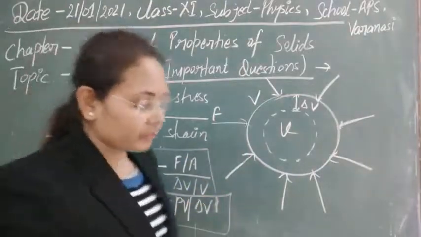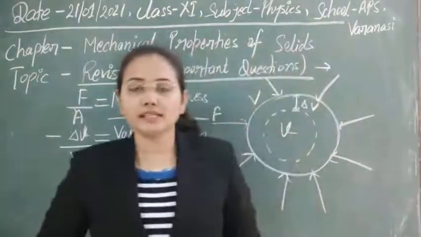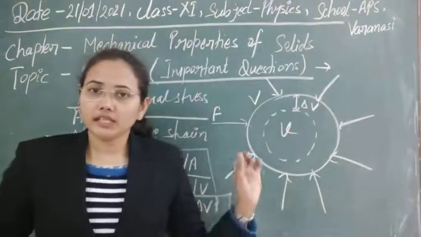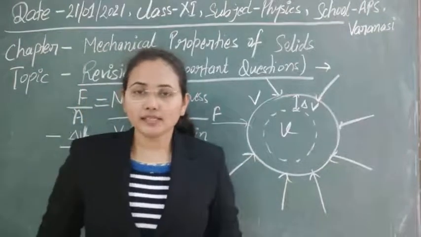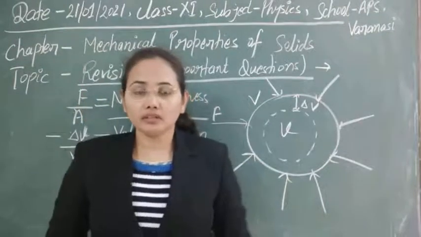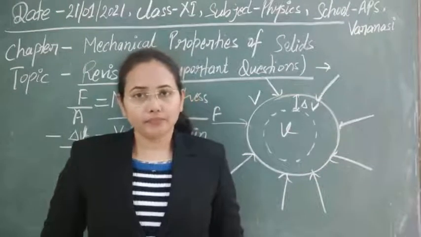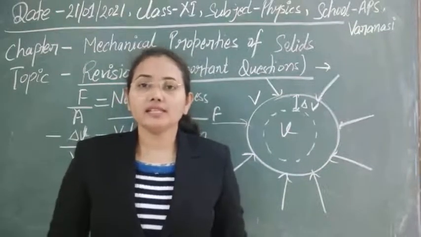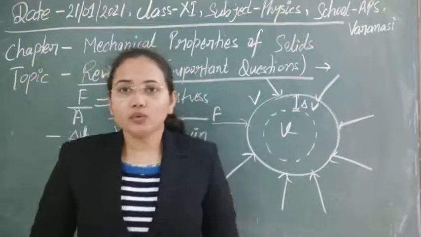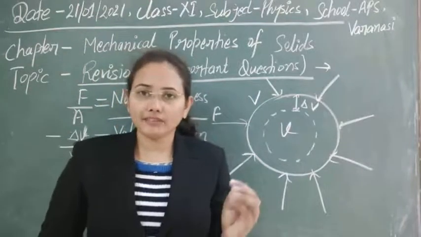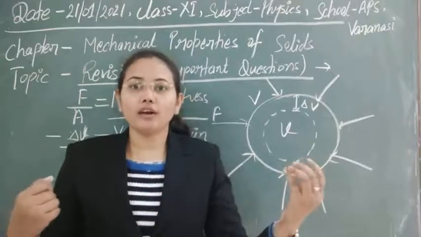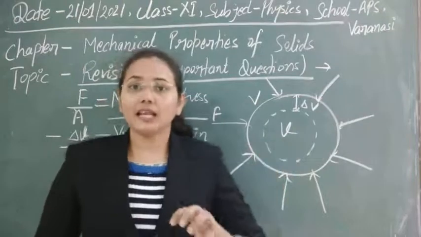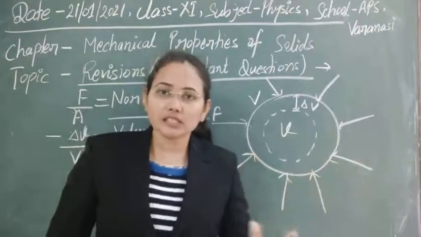Now the next thing, friends, is that Young's modulus of elasticity we get only in solids, as there we are talking about the change in length. We can get a change in length when the body has a certain shape and size, and you know that only solids have a definite shape, so that we can elongate their length. A liquid just takes the shape of the vessel in which it is contained.